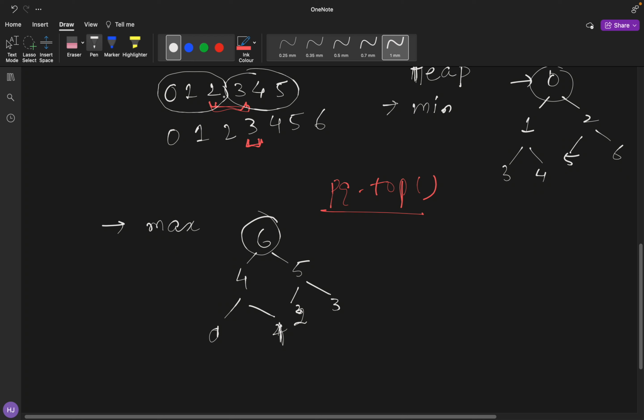So what combinations can we have? I said I will divide this into two halves, which means I will be using two heaps, right?